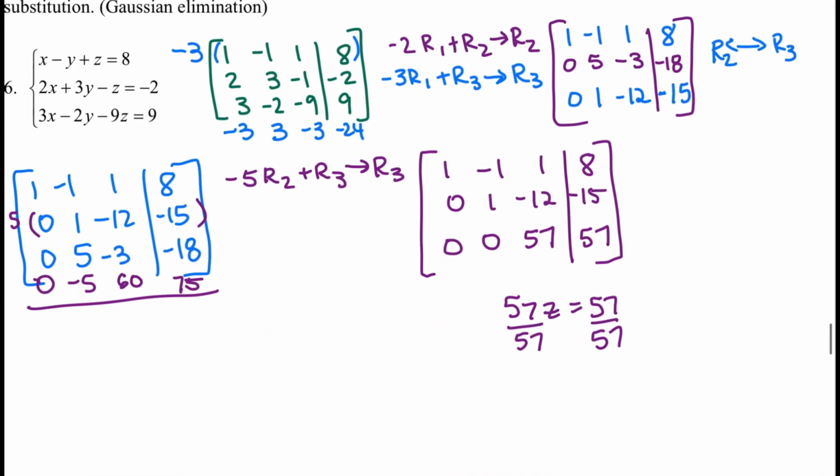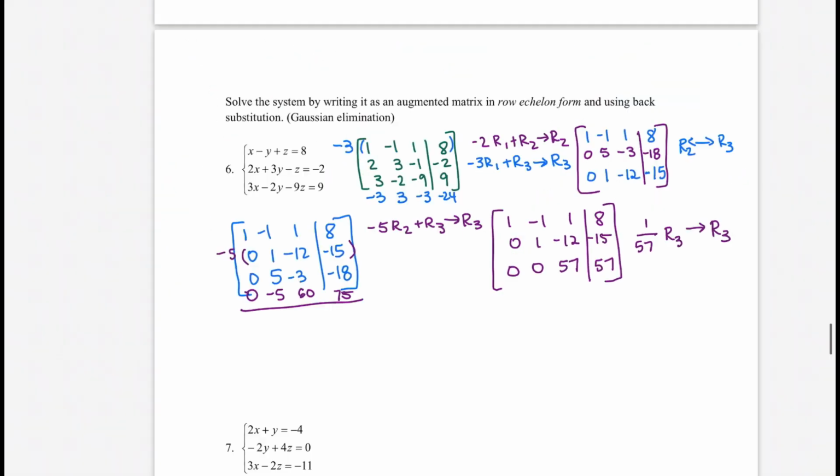So instead of dividing both sides by 57, I'm going to times both sides by 1 over 57, which produces the same result as division. So what we're going to do is take 1/57 times row 3 as my new row 3.